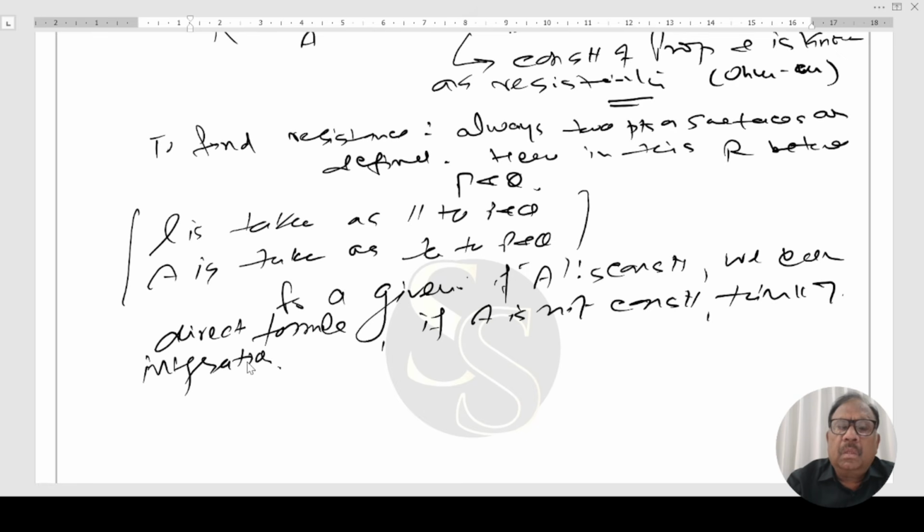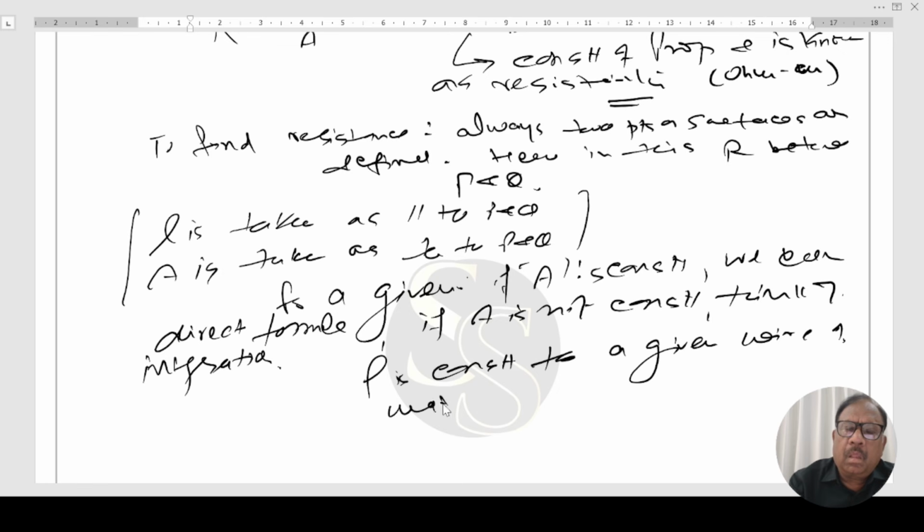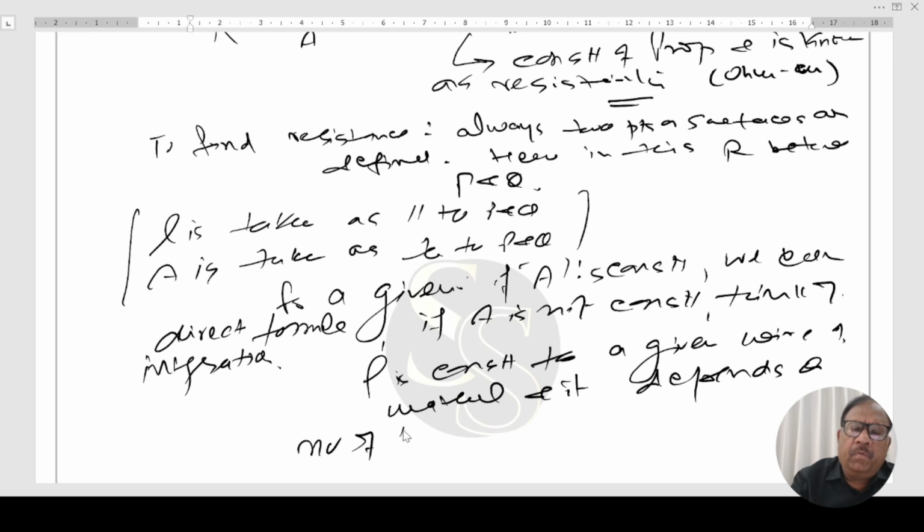So, rho is constant for a given wire of material, and it depends on the number of free electrons.